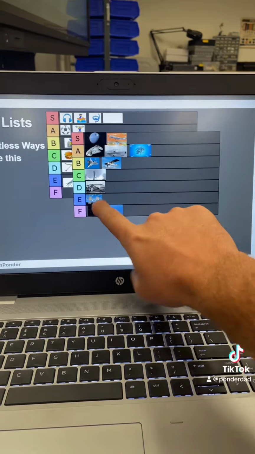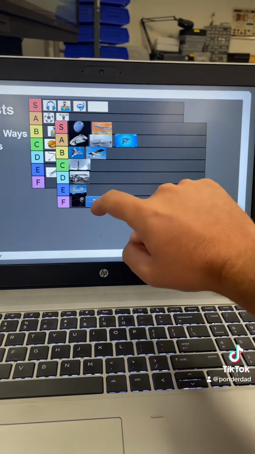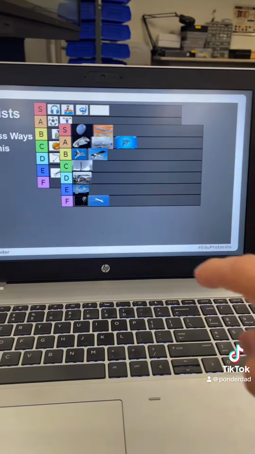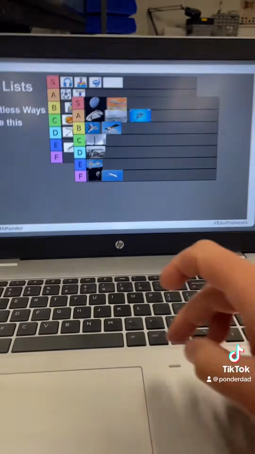I gave them Sputnik, the Wright Flyer, and Spirit of St. Louis. And so I gave them 3, and they had to then rank them. Yeah, you probably saw things in there like the Millennium Falcon and a couple fictional ones. So we did have some fun with this activity.